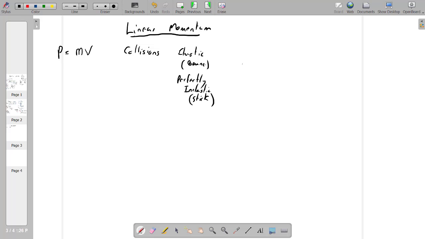Momentum is conserved for both of these. Momentum's always conserved. But only one of them conserves kinetic energy, and that's the elastic. So KE is conserved, which means that KE initial is equal to KE final.